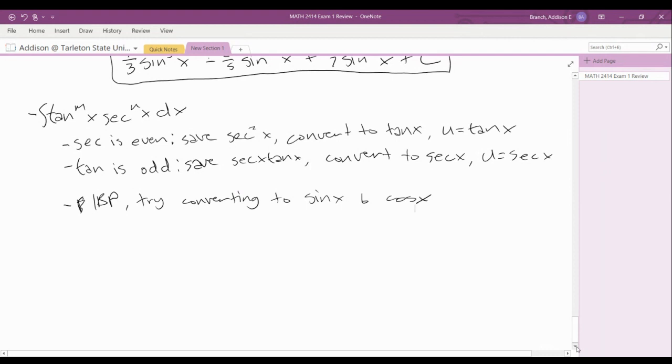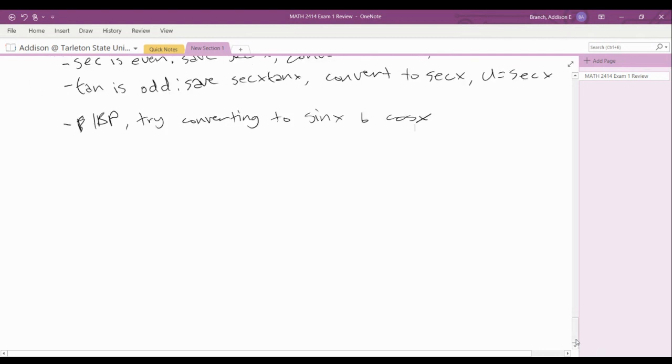And then our last group that you could potentially see, probably not that often, but it could come up on the test, is when you have cotangent and cosecant. So it's very, very similar to the last one.